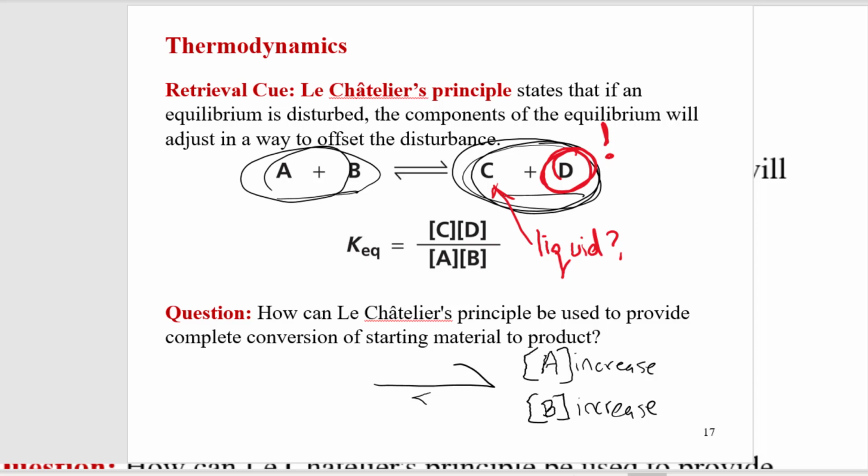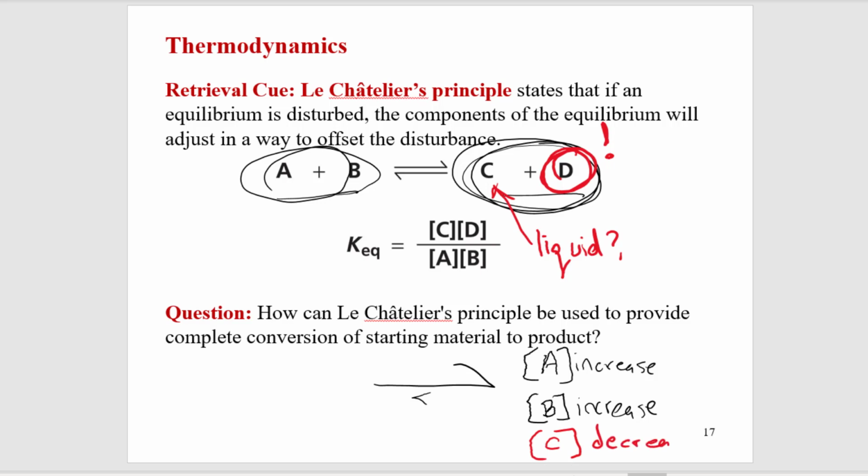So you could decrease the concentration of C, and that also would reestablish the equilibrium to the right. So there's lots of different options. You could have also decreased the concentration of D if C was the one that you were looking for. It just depends. What if D was what you wanted and it was also a liquid? You could distill that away and collect the liquid over time by distillation. So there's lots of different ways that you can do it.